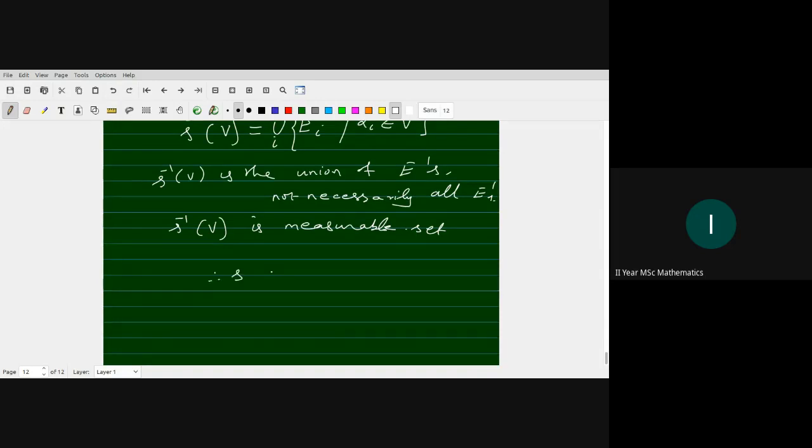Therefore S is a measurable function. So the characterization of measurability of S depends on the sets E_i.